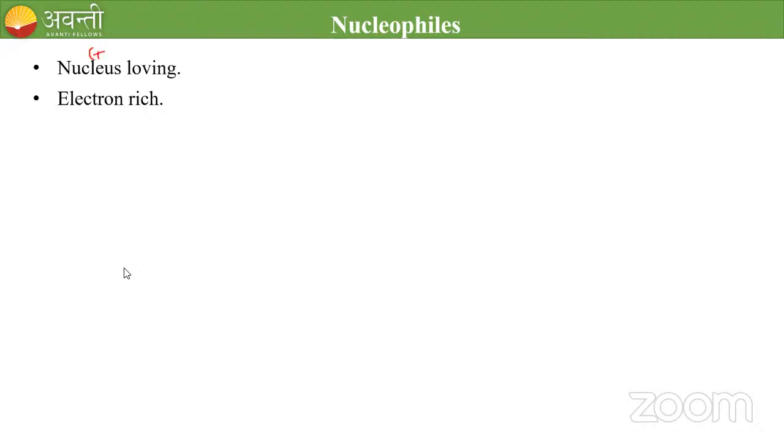Nucleus is positively charged. So the one which loves the positively charged species is called a nucleophile. Who will love the positively charged one? The negative only will love the positive, right? So nucleophiles are negatively charged species and they are electron rich in nature. Lone pair containing compounds or pi electron containing compounds all fall under this nucleophile category.